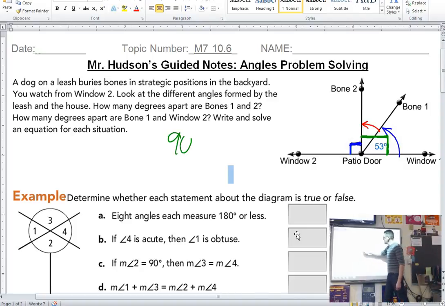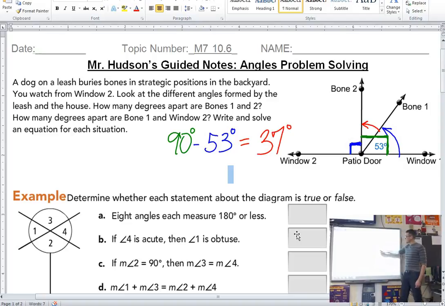So if I do 90 degrees minus the 53 degrees, take away the 50, then take away the 3, we get 37 degrees. Use the relationships that you see to figure out the things that we don't know. Any questions on how we did that?